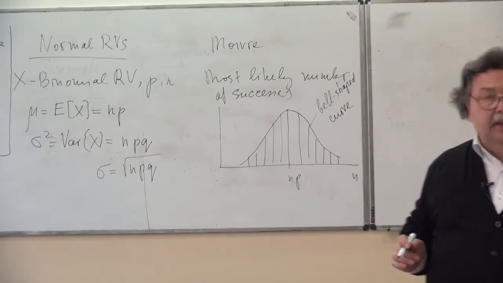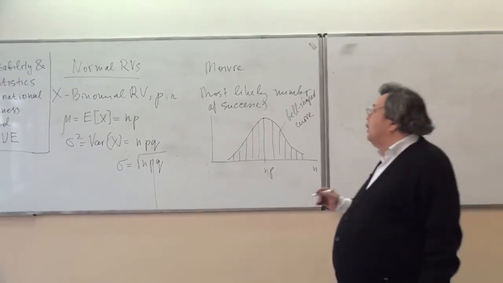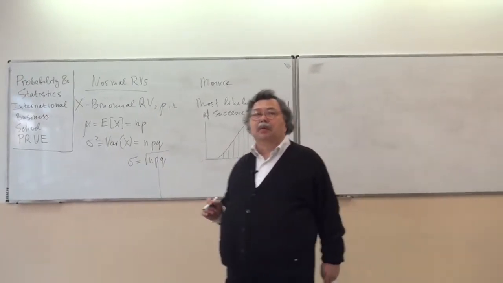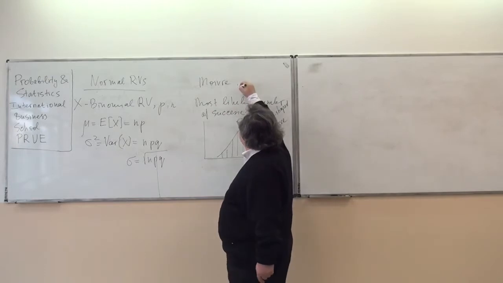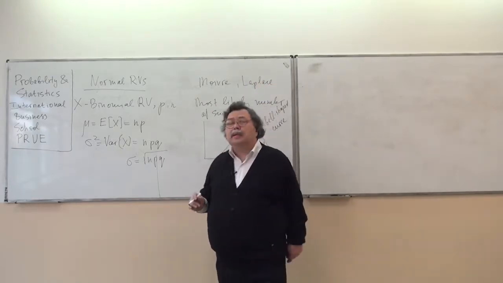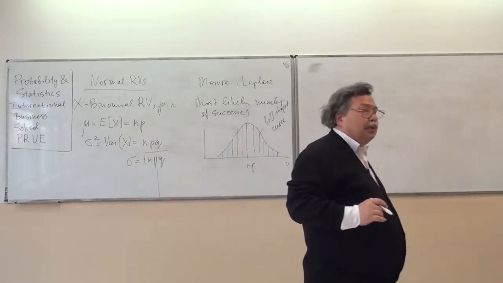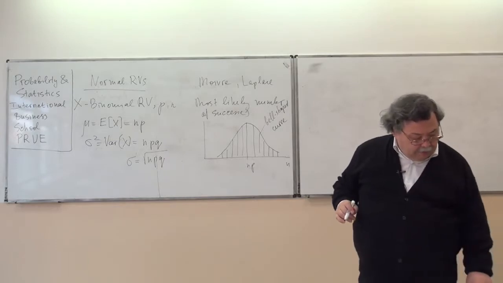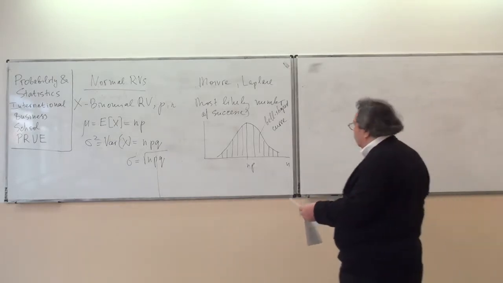All right, and now it's time to actually define the normal distribution, which is the limiting case of the binomial. Moivre and then Laplace studied this limiting case of the binomial distribution, and they formulated this remarkable law.